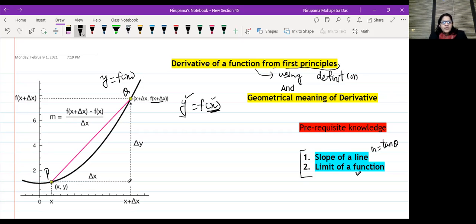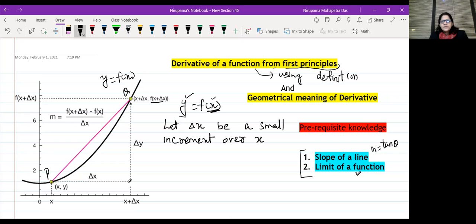When y equal to f(x) is a function, let delta x be a small increment over x, or you can take a small change over x. And as we are taking y equal to f(x), y is a function of x.